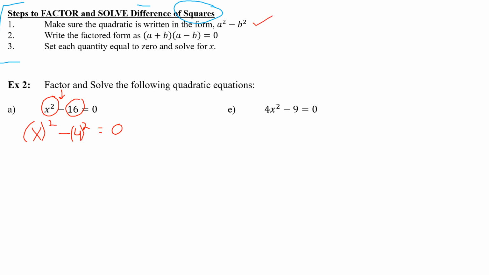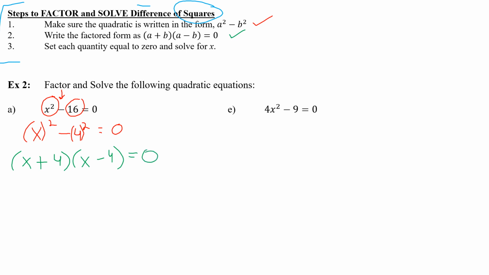So when we do step 2, it says write the factor form as (a plus b) times (a minus b). So that's going to be x is a, plus b is going to be 4. Close it up. Now we need to write a minus b. a was x, b was 4. Okay.